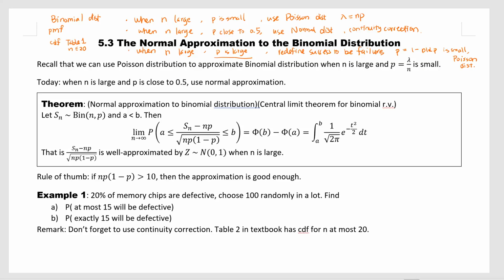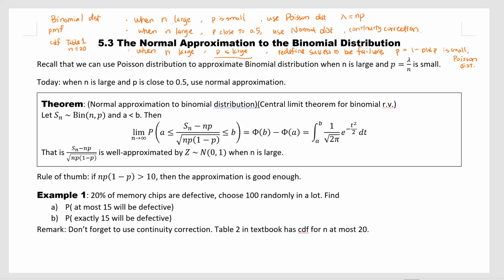If you want to find the probability of 3 heads out of 10 flips, we find the probability of 7 tails out of 10 flips. So you just redefine the success to be the failure. That's why when p is close to 0.5, we use the normal distribution. When p is not close to 0.5, either very small or very large, we use the Poisson distribution to approximate it.